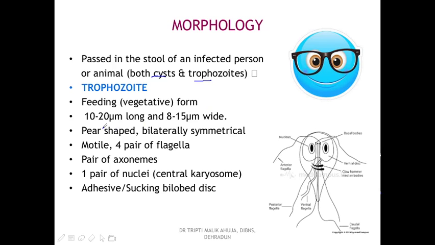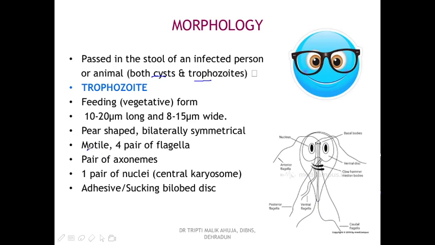It measures 10 to 20 micrometers in length and 8 to 15 micrometers in width. The body is pear-shaped, also resembling a tennis racket. It is bilaterally symmetrical, resembling a face.